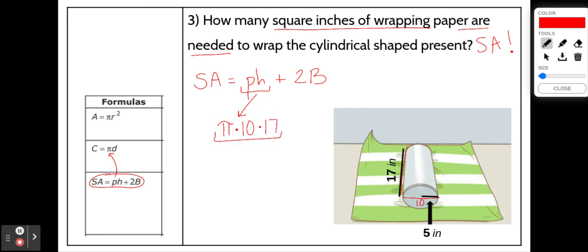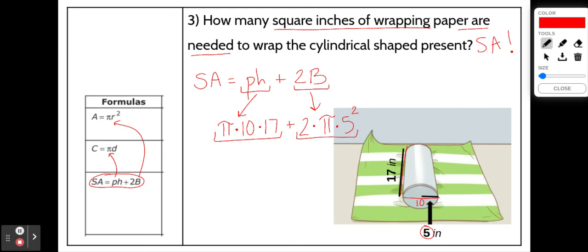So that's going to give you the tube around the middle. Then we want to add that to the 2 circular bases, the top and bottom. So I'm going to take 2 times the big B, which represents area of the base, and they're circles. So I'm going to use the area of a circle formula. So pi times radius squared. The radius they gave us here was 5.